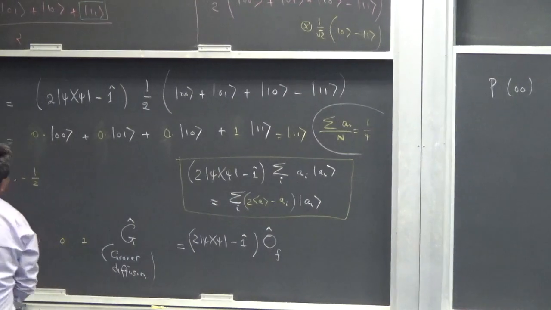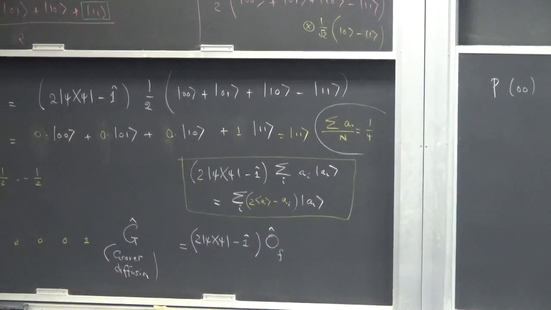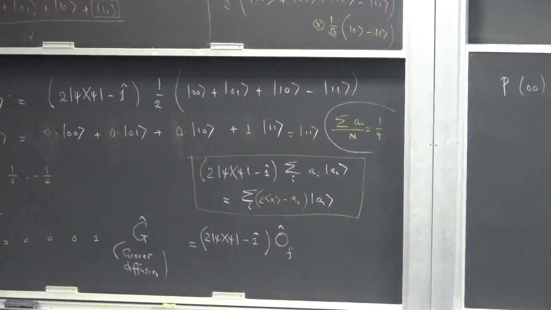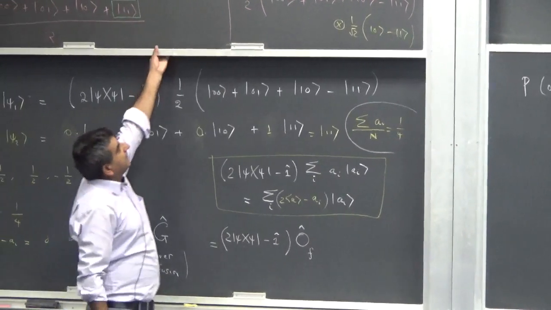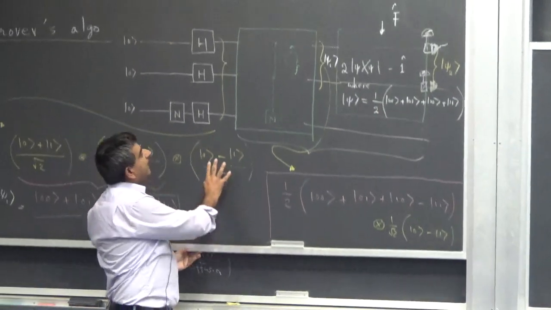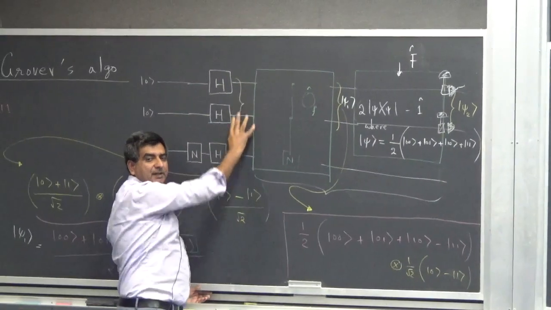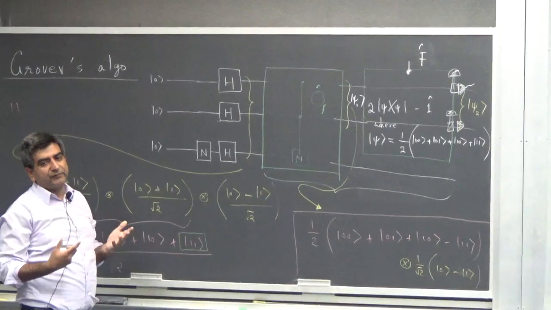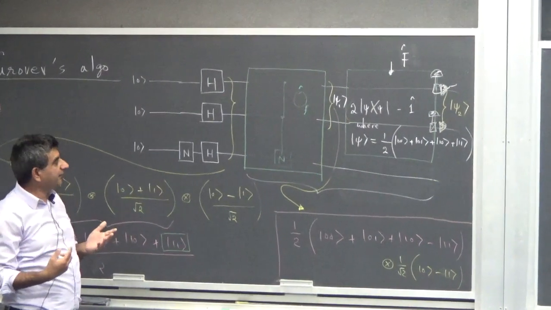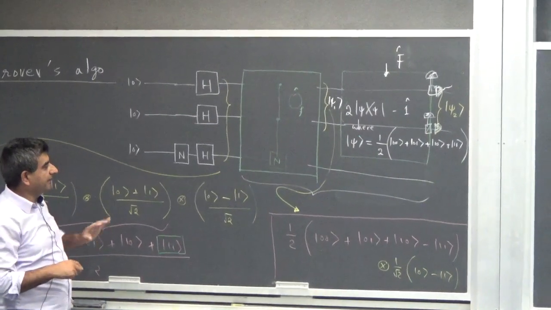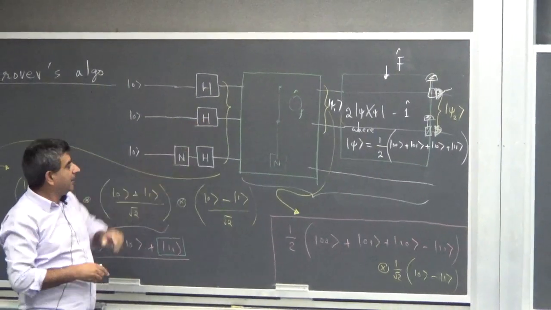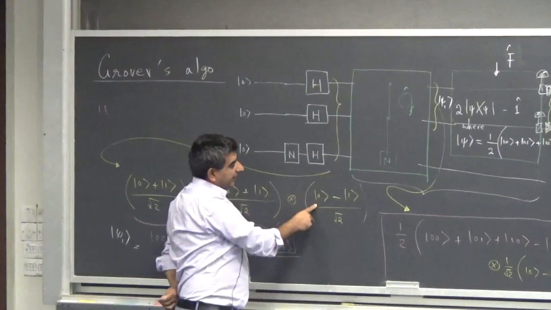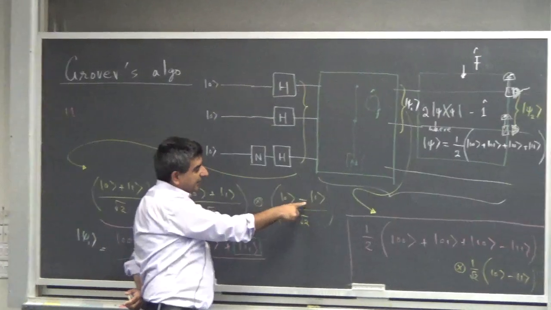So the question is, how do we know which state survives? The calculation is in front of you. What happens is, we create a superposition here, and the superposition is special. The state that we're looking for is somewhere in here. Now this third qubit is in this particular state, and there's a minus sign here.